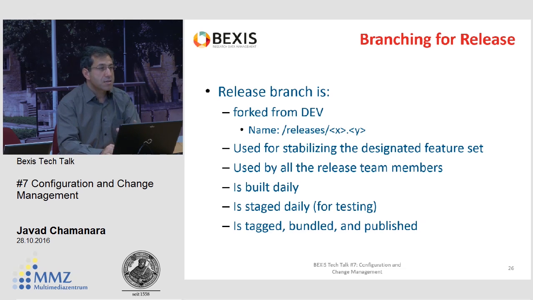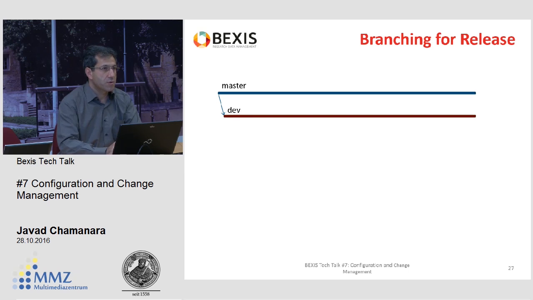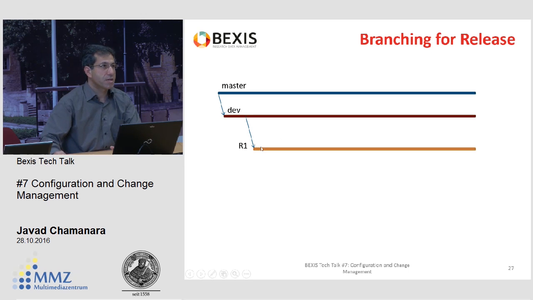So with this small description, let's go to the branching again. We had the master branch, the development branch, and now we have the R1, that is release 1, for example. This release 1 will have some work done, like for example here, when we progress, means that we are fixing or improving the features that are inside the release 1.